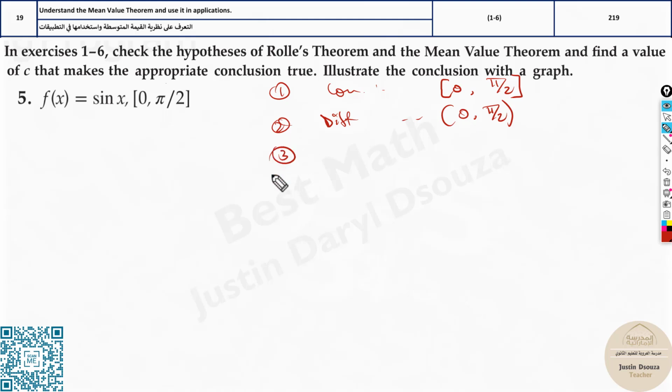Third one, we need to find f of a and f of b. Let us solve whether they both are equal or not. So f of a is 0, sine 0 is always 0. What about sine pi by 2? Sine 90 is 1, so sine pi by 2 is 1.